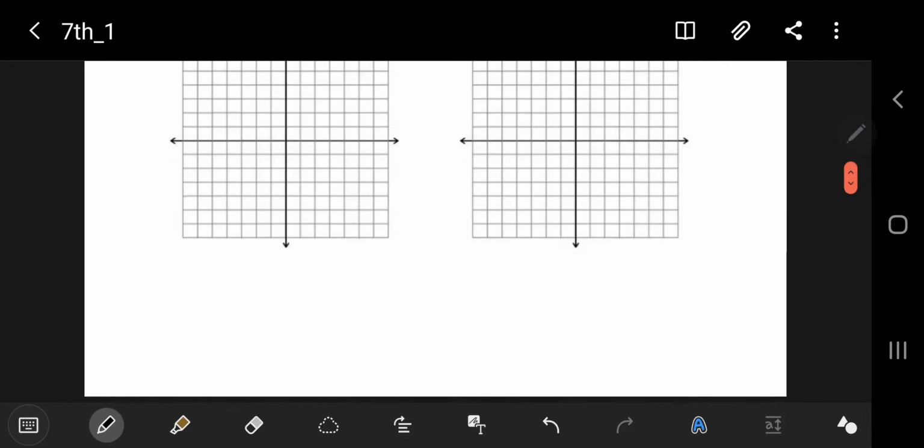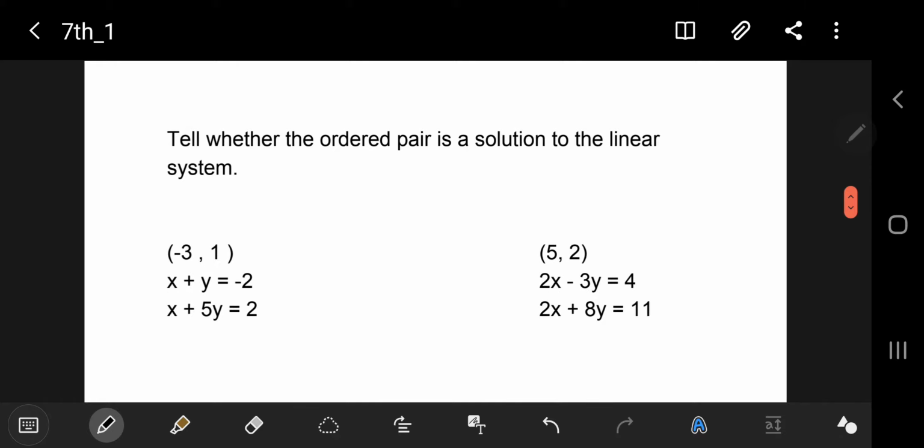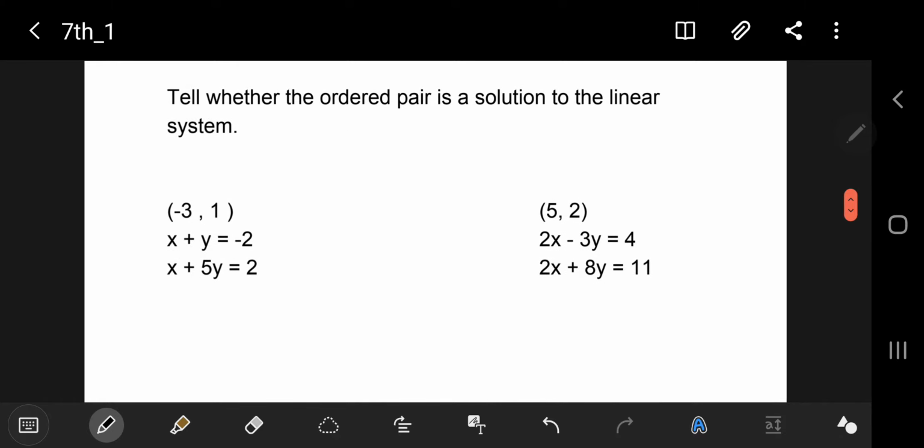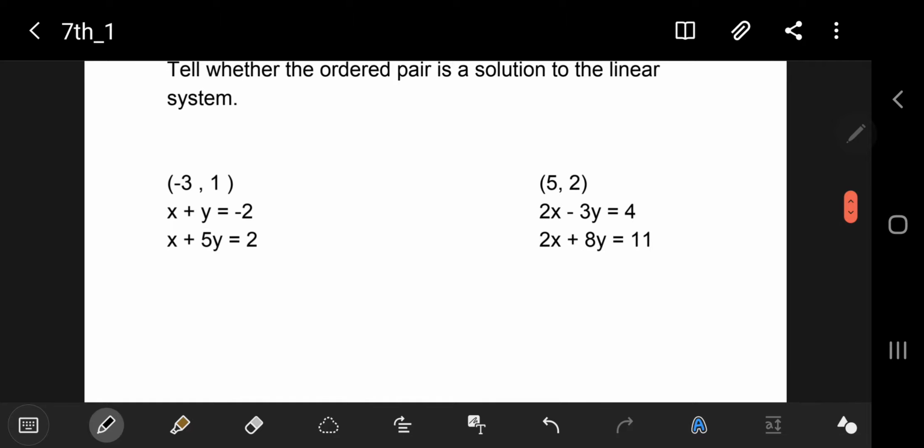Okay, now let's move on to this part. Tell whether the ordered pair is a solution to the linear system. So they already give you coordinates over here. Okay, 5 comma 2, remember, it's in x comma y form, okay? Now, in order to see if it's a solution, all we have to do is input it into the equation.